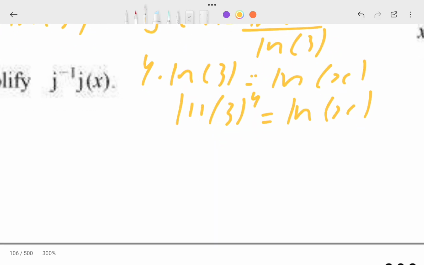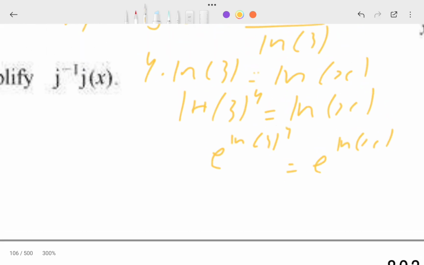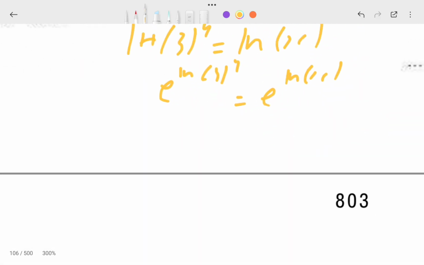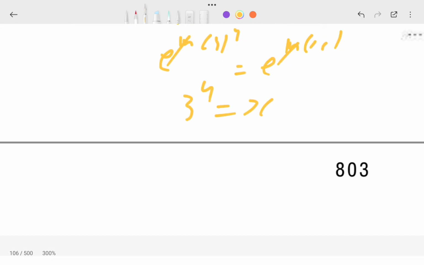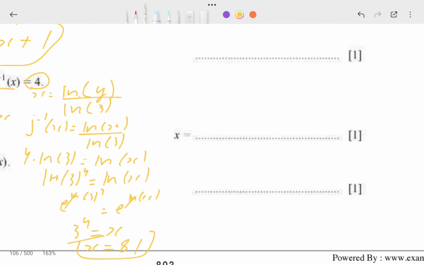Now we will apply e. So e power ln x, e power ln cancels out, so this will become 3 power 4 is equal to x, and x value will be 81. x is 81.